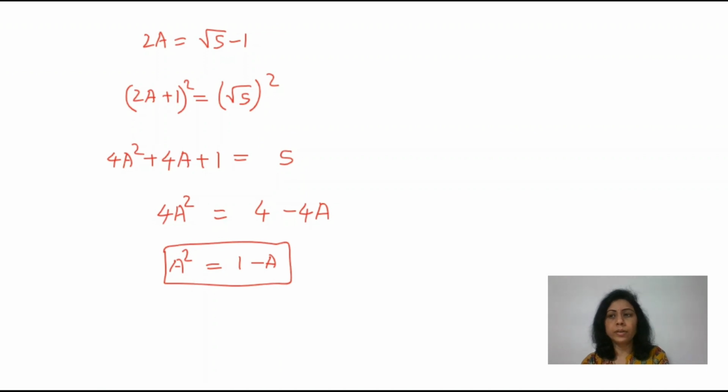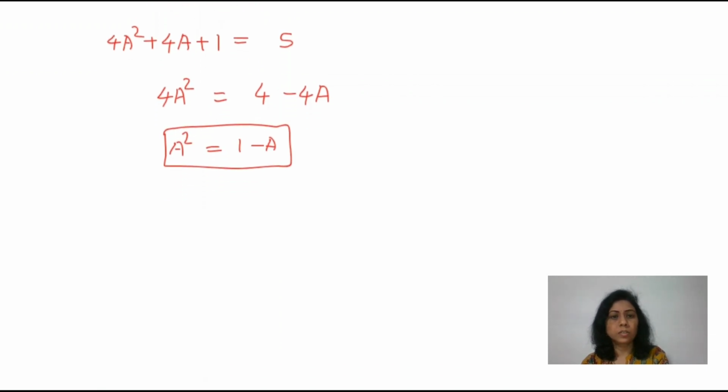But we have to find a^8, so taking the square on both sides: a^4 = (1 − a)². Applying the algebraic identity, 1 − 2a + a².